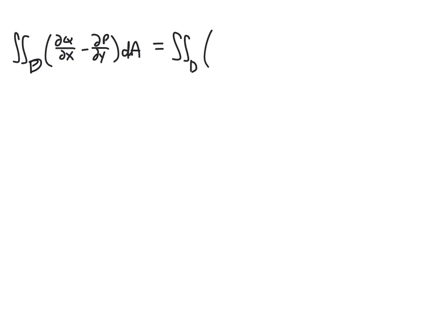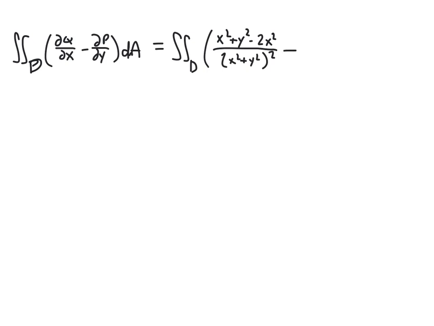We differentiate q with respect to x, so we're going to use the quotient rule. We're going to have 1 times x squared plus y squared, minus x times 2x, so that'll be minus 2x squared, all over x squared plus y squared, quantity squared.